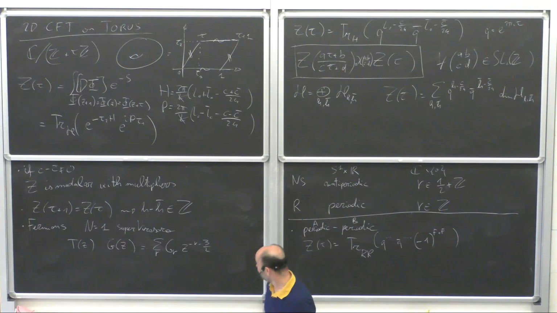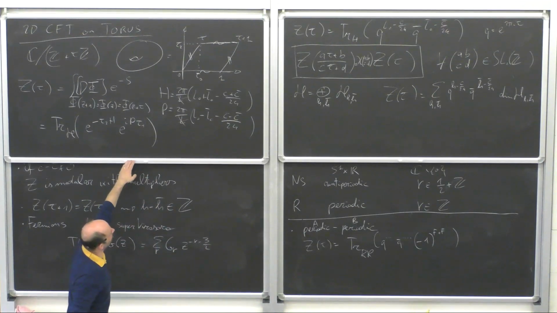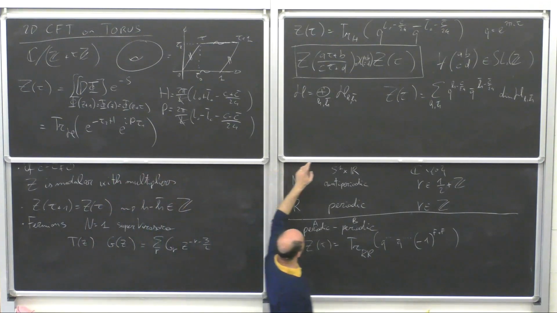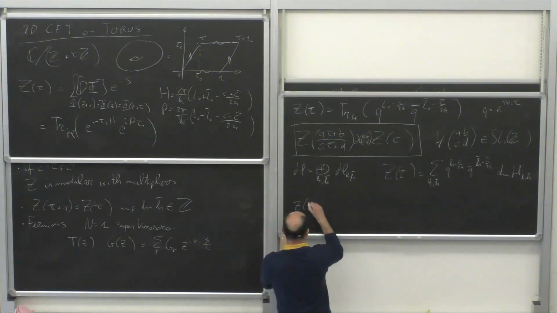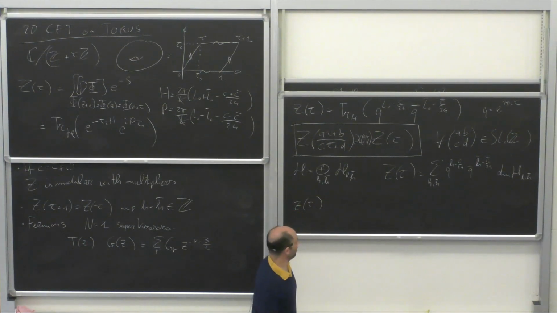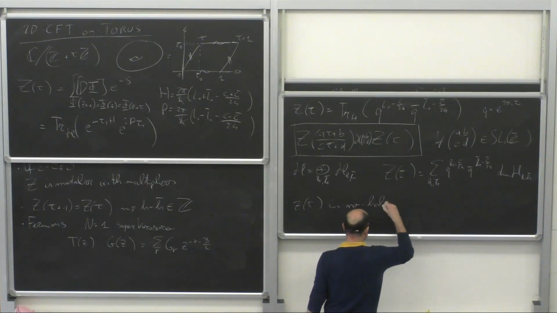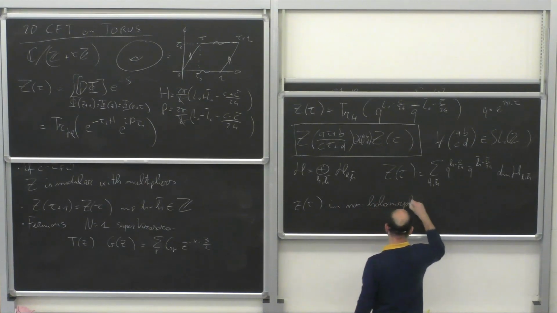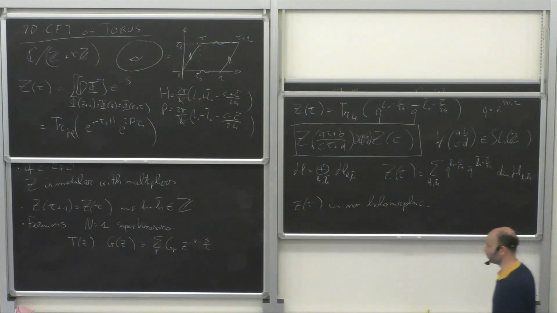Okay, the last, but maybe most important observation is that this partition function Z that I defined is in general non-holomorphic. There is no reason for it to be holomorphic, and indeed there is this Q bar here. So this is bad.